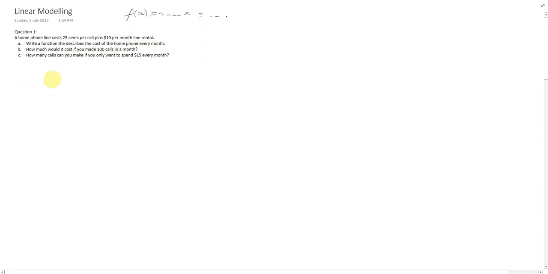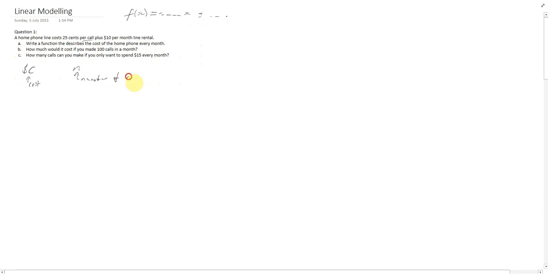Instead of using f, let's use C dollars, that can be the cost. The cost depends on how many calls you make. So let's call n the number of calls.